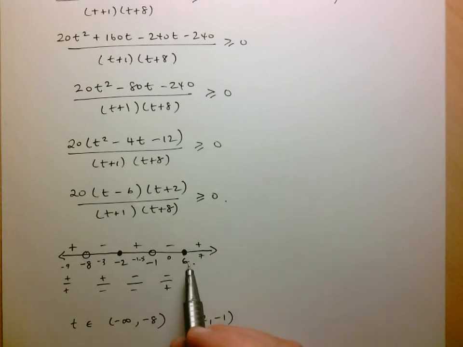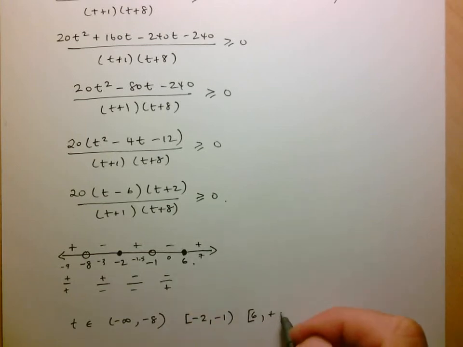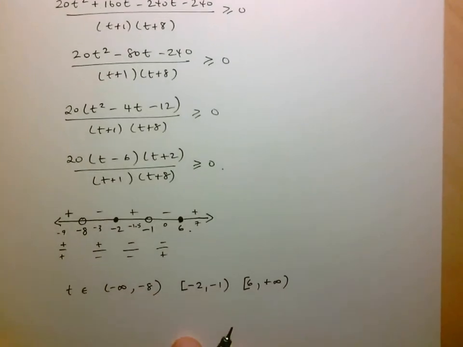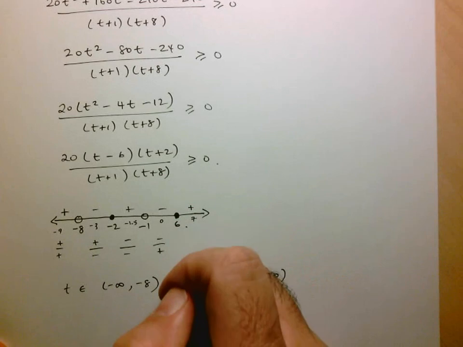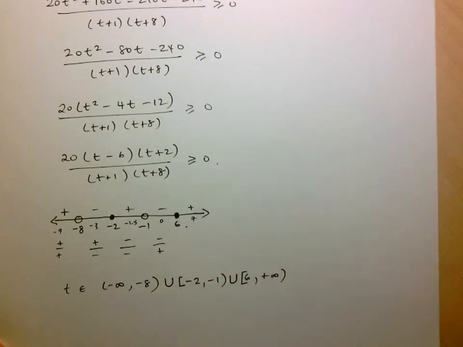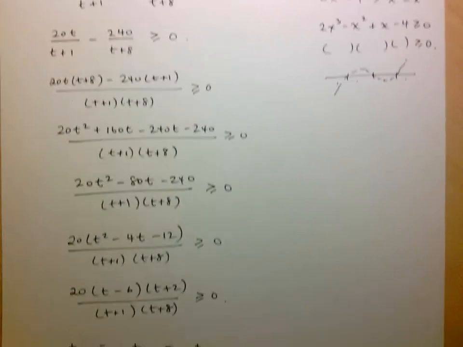And then I see that it's greater than 0 from 6 onward. So from 6, and again, I want to use a square bracket because I want to include 6, to positive infinity. Since it's all these sets together that make up my solution, let's remember what that symbol is to unite all these sets: we use the union symbol.